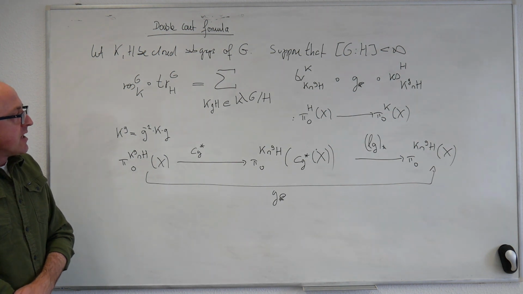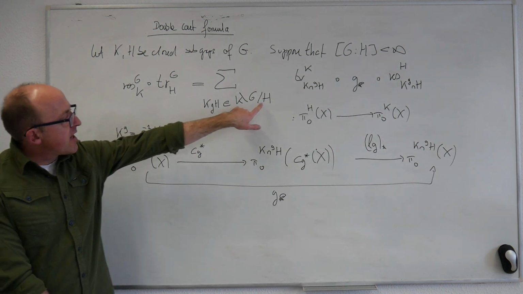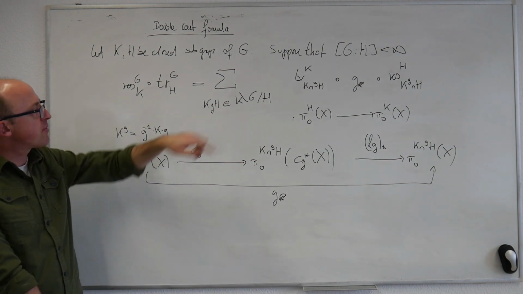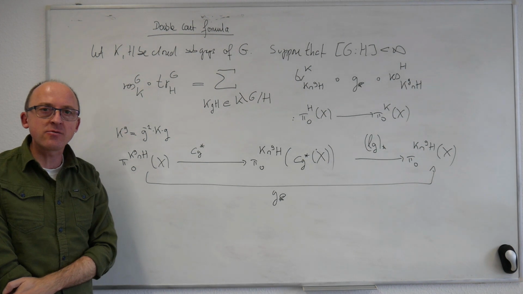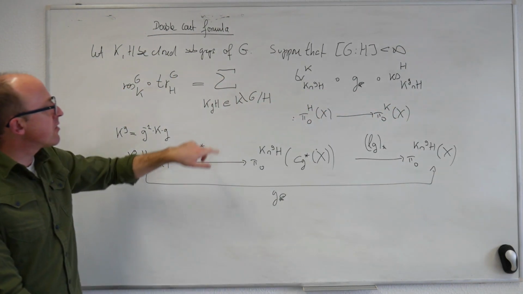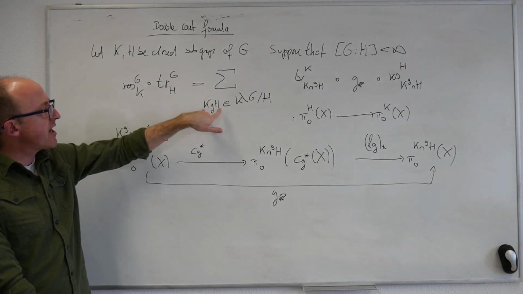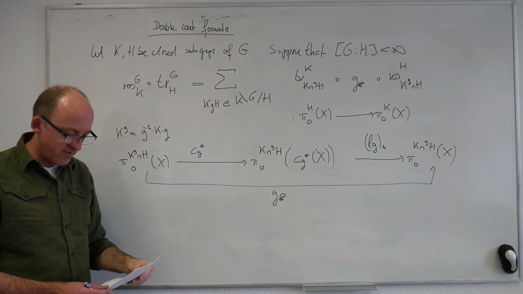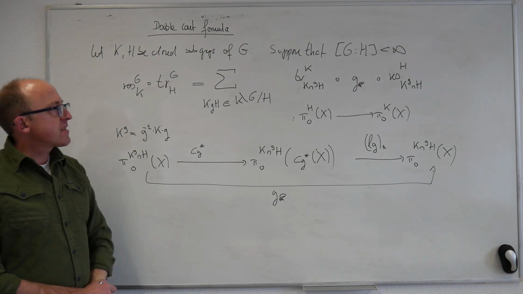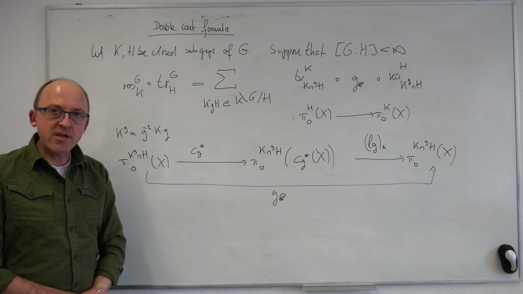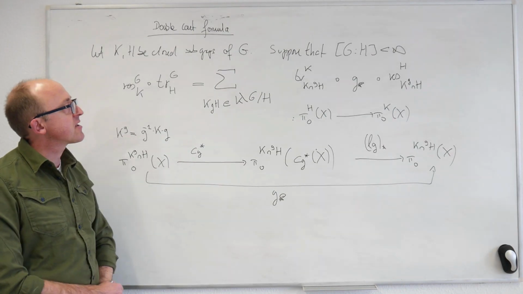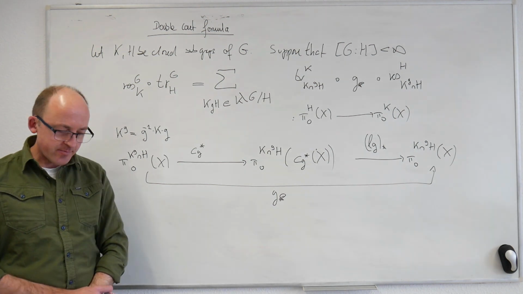So the sum is really taken over elements in this double coset set, so you pick representatives, and it's a fun exercise to convince yourself that this term on the right-hand side really only depends on the double coset KgH and not on the representative g that we've chosen inside. So this is the double coset formula for finite groups that I proved last term, and the proof pretty much works in the same way when H is finite index in G.